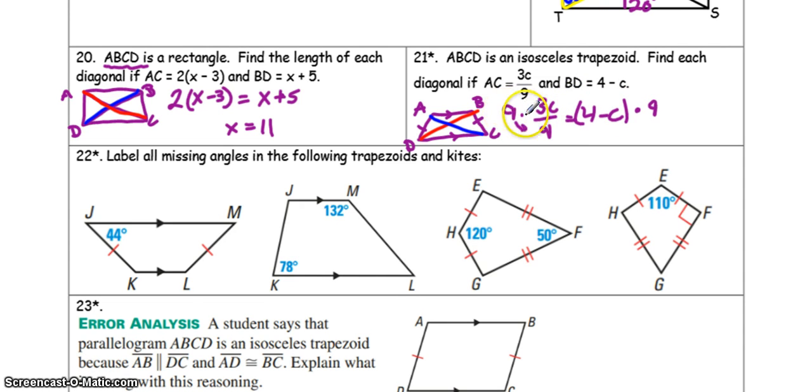Multiplying by 9 and dividing by 9 are inverse operations, and they will cancel each other out. So on this side, you're left with 3c. Whereas on the other side, there is no divide by 9 to cancel out. So we can just distribute this 9 to both the 4 and the minus c. 4 times 9 is 36 minus 9c. And now hopefully you can solve the equation from there and end with c equals 3.